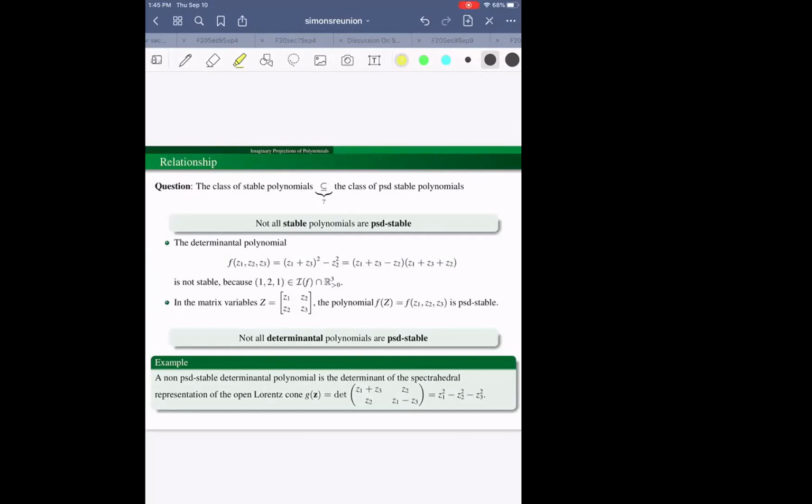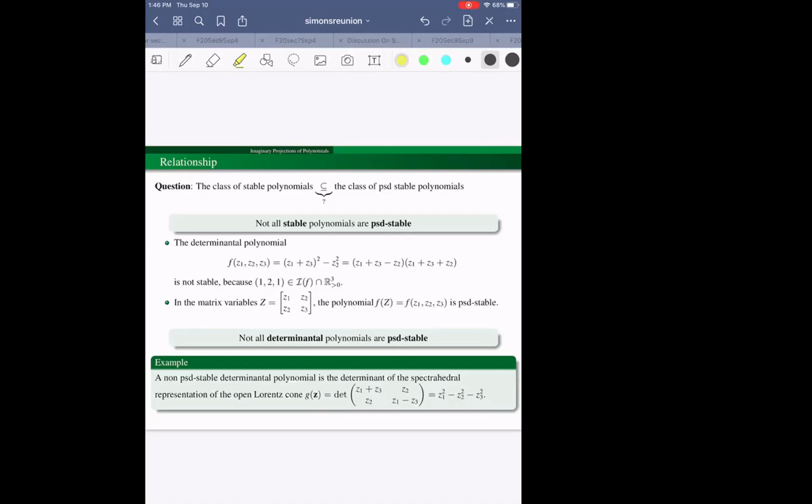Naturally, some questions arise here: whether the class of stable polynomials is contained inside the class of PSD stable polynomials. The answer is no, not necessarily. Not all stable polynomials are PSD stable. Here is one example. And the determinantal condition is also not a necessary condition for a stable polynomial to be PSD stable.